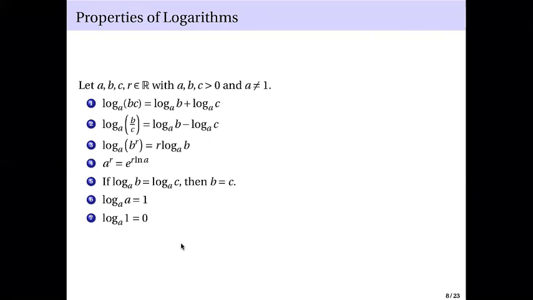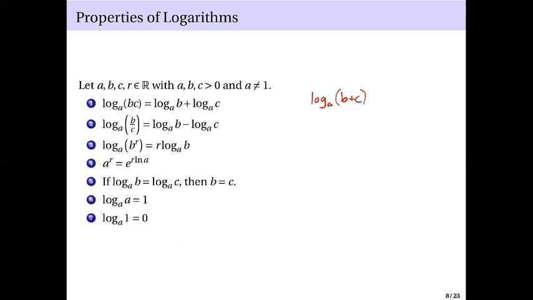Now, I want to emphasize the following. You may have the logarithm with base a of b plus c. But we don't have any property for this. It's just as is.